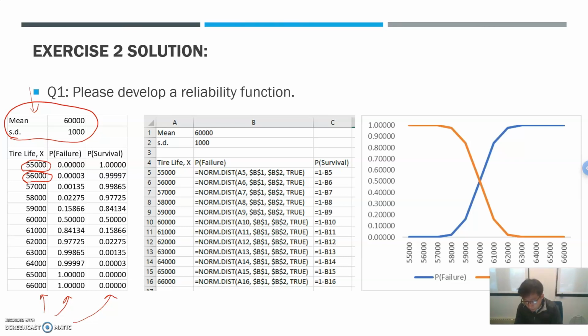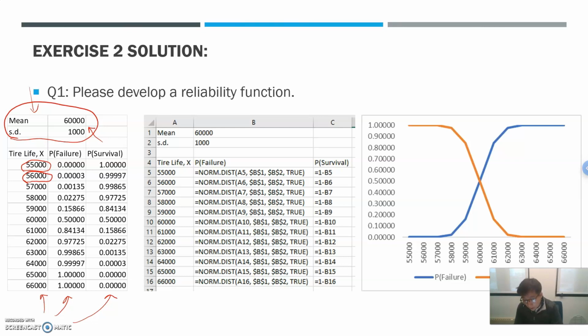So these are all the probabilities. Assuming that your tire has an average life expectancy of 60,000 miles, it is nearly impossible that you will experience any failure when it is still at 55,000 miles.